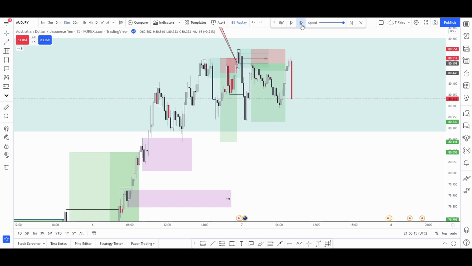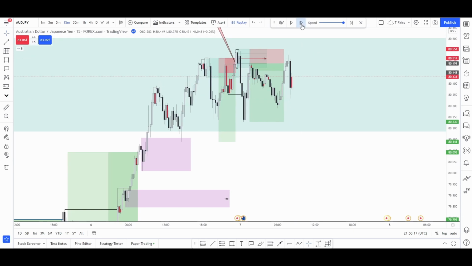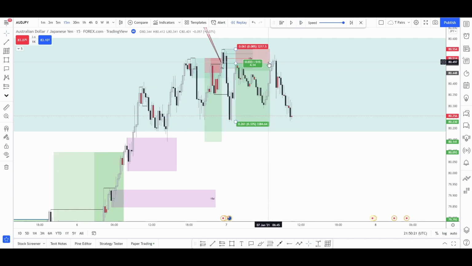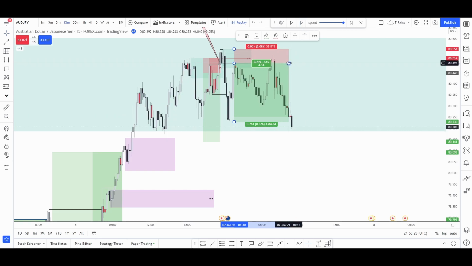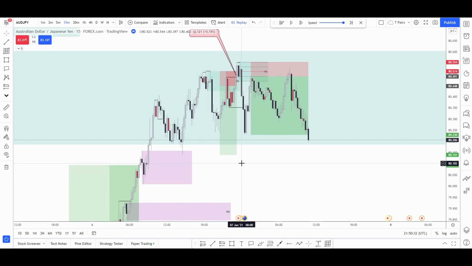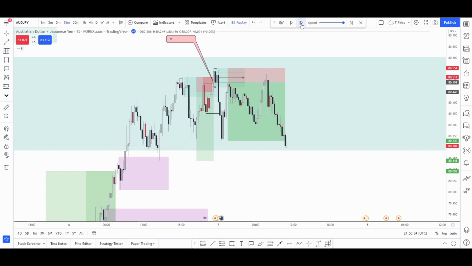Oh, not looking good. Ah, better. Is that profit? No, not quite. Now it is. Right, okay, so that's plus 4.14. Should we have targeted somewhere down here, or even down in this order block? Perhaps. Let's just keep going a little bit.